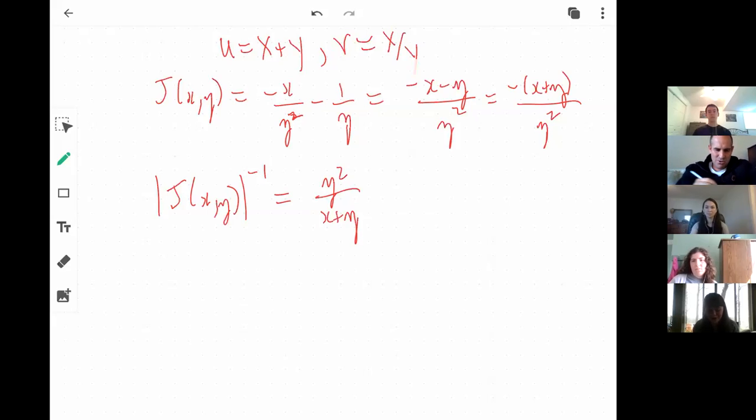Okay. Well, how about this? Put u equal to x plus y. Do you see that y times v, what's y times v equal to? Isn't that x? Yeah? So I could plug x in right there.